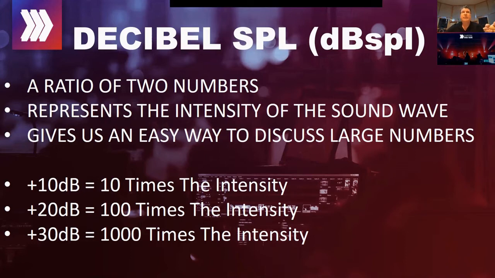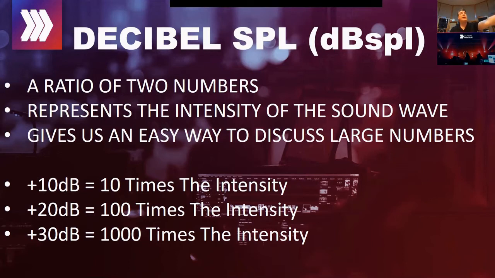Notice these values here for a second: 10 dB, 20 dB, 30 dB. I picked 10 dB intervals for a reason, and 10 dB is kind of a magic number for humans. We as humans perceive a difference of 10 dB as either twice as loud or half as loud.